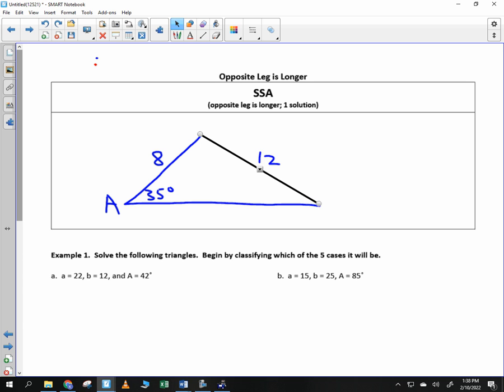If I swing on over to the other side, does it make another triangle? No. If it's longer than the other given side, then it's not going to swing over to it. Now look at what we did before. We had it here, and we swung it to here. So there were two triangles in that situation. But when it's longer than the other given side, then it's not going to work. So in that situation, there's always just one solution.